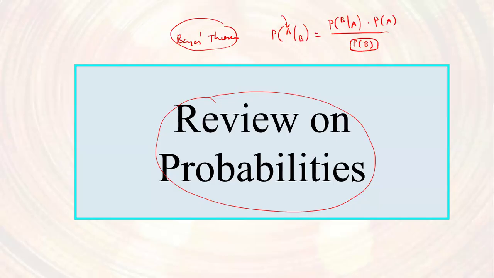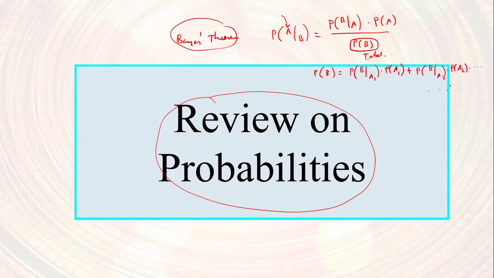Total probability of B depends on all events. It equals probability of B given A1 multiplied by probability of A1, plus probability of B given A2 multiplied by probability of A2, and so on for all of A1, A2, A3.